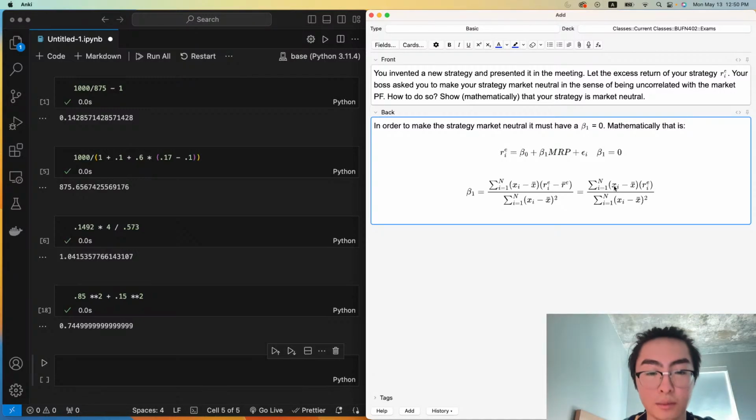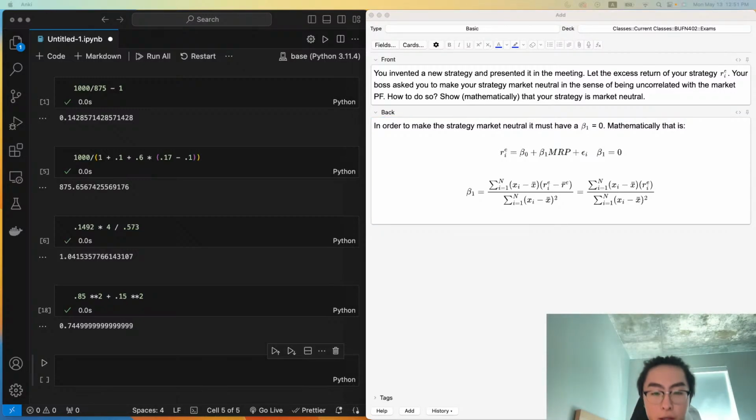You short the beta i position of the market portfolio, that is the market neutral return of your strategy, R_i^e minus beta i times R_m^e. Oh man, not entirely sure what that means.